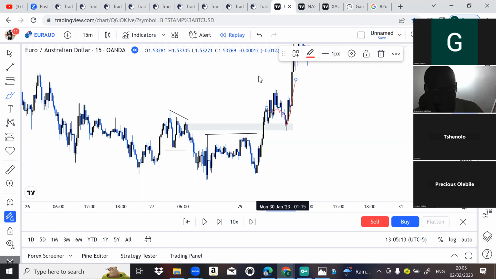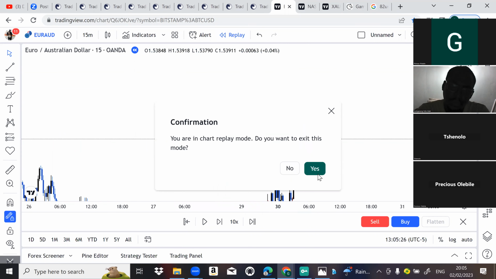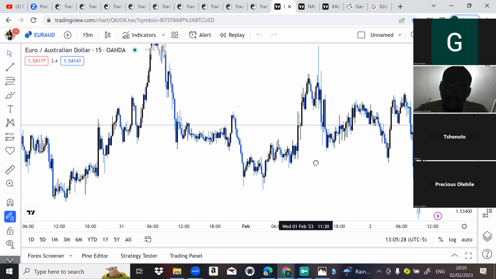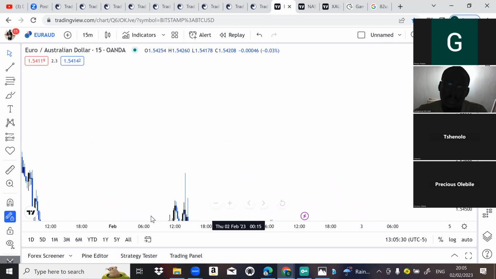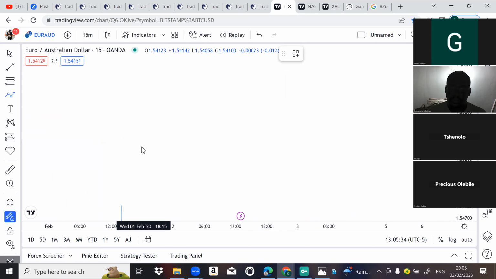Okay. So we can move forward. It's either a breaker block or a supply and demand flip. A breaker block is a fake OB. So for a breaker block, we have 1, 2, 1, 2.